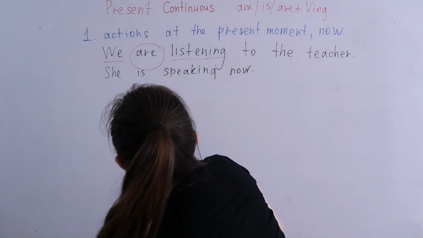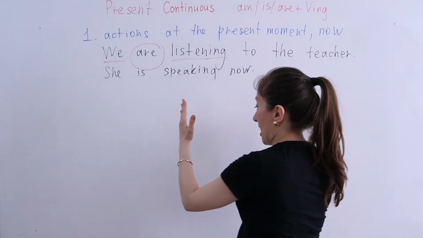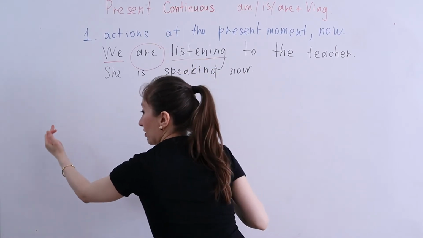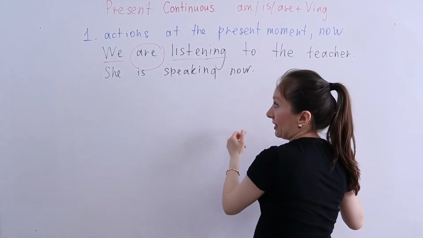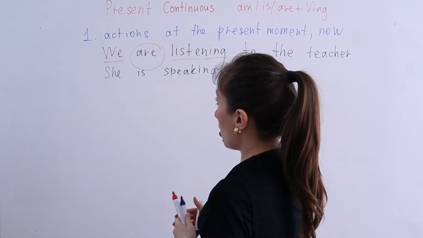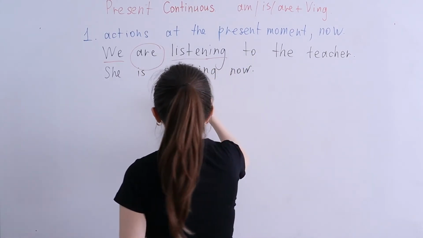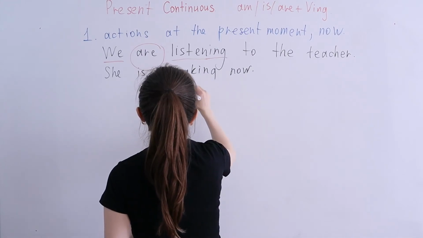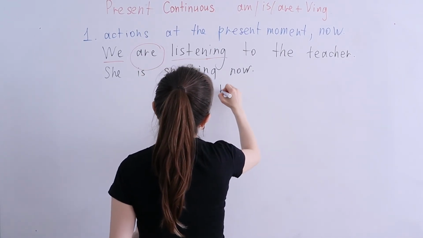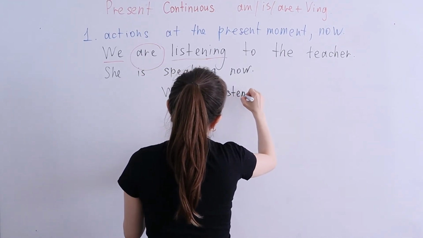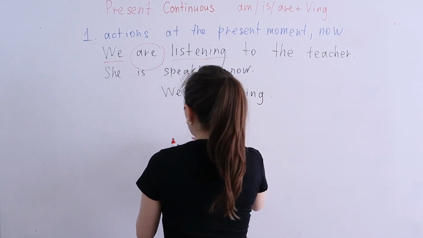We are listening, right? You remember that we have positive sentences, interrogative sentences, and negative sentences. So, let me write it like that. So we have the sentence, we are listening. I'll make it a bit shorter, right?